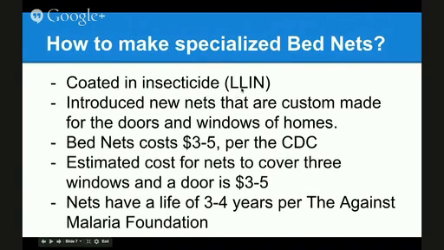The abbreviation for this is LLIN, long-lasting insecticide treated nets. So we're going to introduce these new nets that are custom made for the doors and windows of homes. This is a new idea, as mostly we only treat the bed, where we just have a net over the bed.